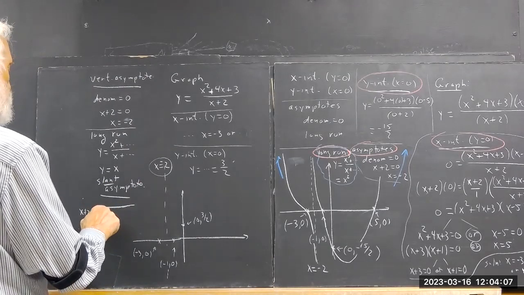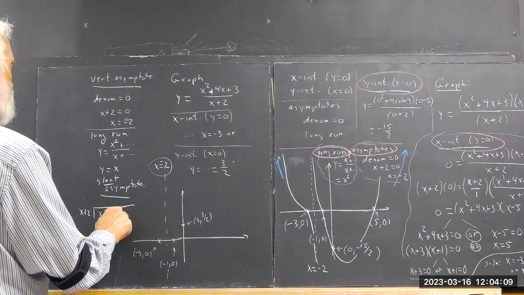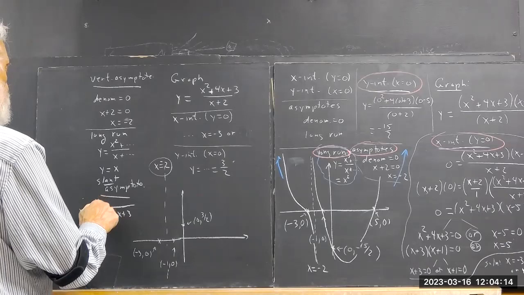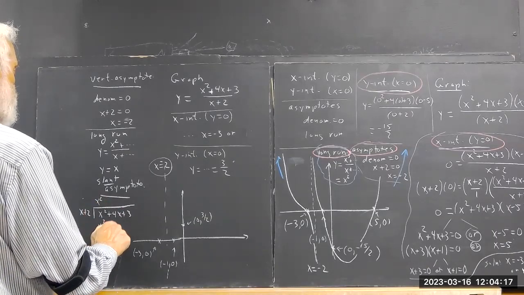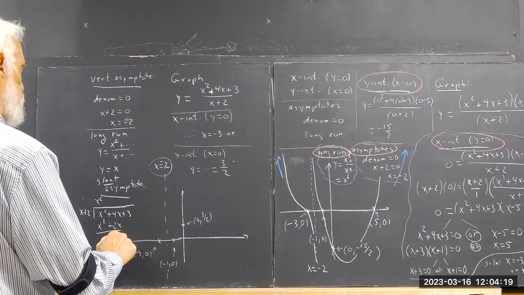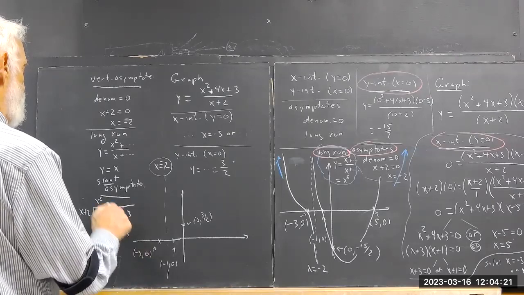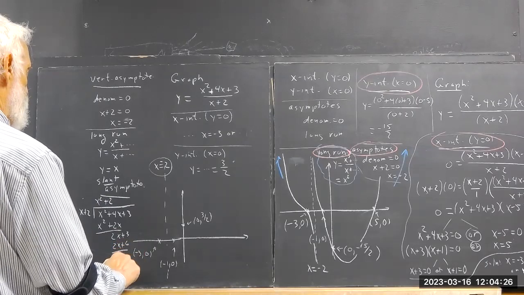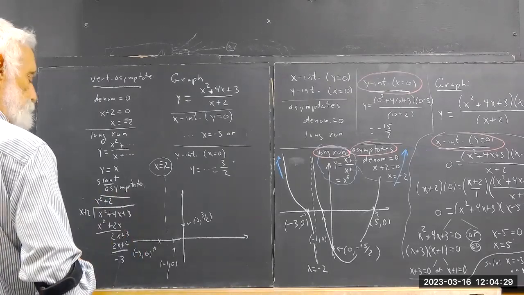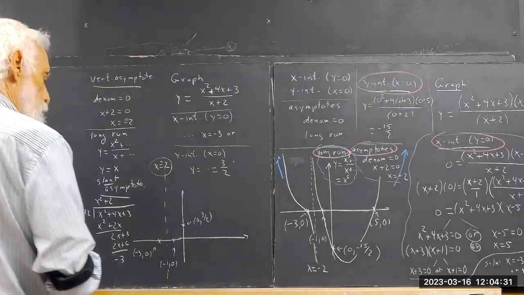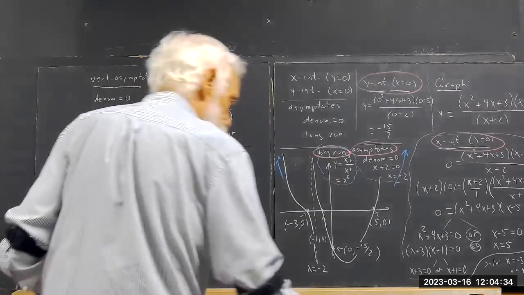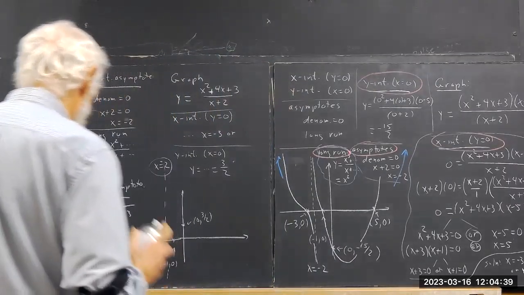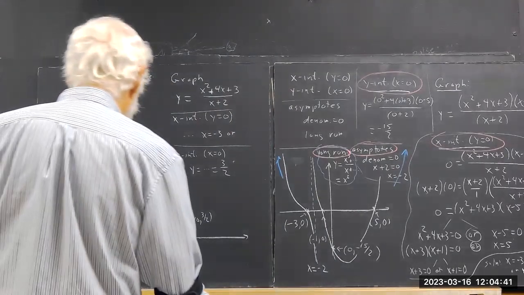Now we want to do a long division. We divide x plus 2 into x squared plus 4x plus 3.